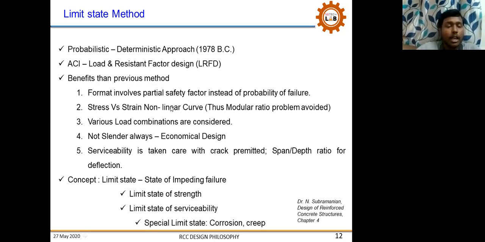Stress versus strain is taken, so they take all the benefits of previous methods and neglect their limitations using the recent method, the limit state method. They take the non-linear curve, and various load combinations are considered from the ultimate load method, and now all the sections are not always slender. It gives economical design. Serviceability is taken care of, where cracks are within permissible limits, and the span to depth ratio is set so that there is not much deflection.